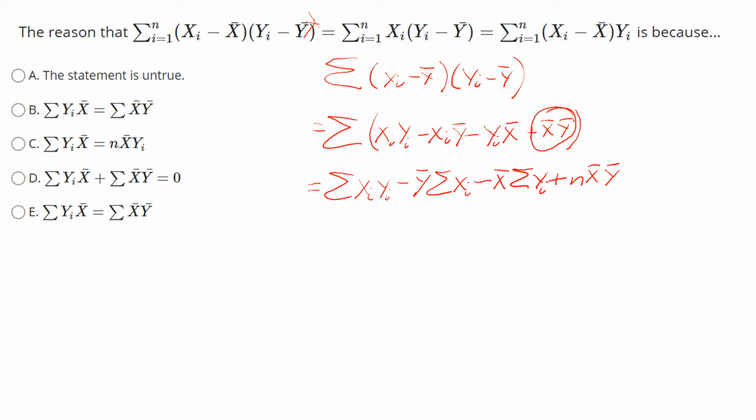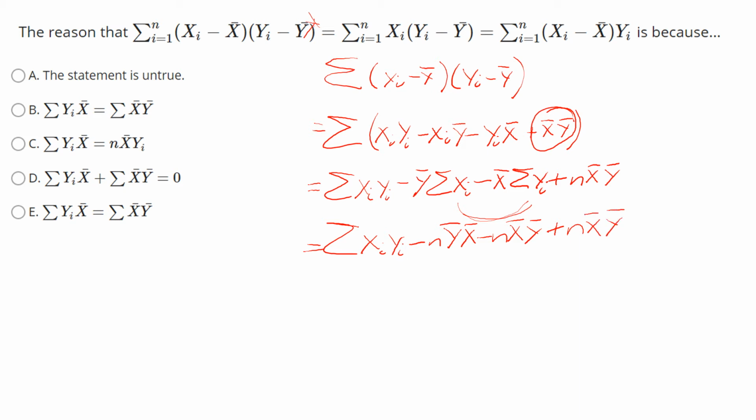Okay, so now we notice that these two expressions over here can be rewritten, given our discussion on the previous example, as follows. Sum of xi yi minus n times y bar x bar minus n times x bar y bar plus n x bar y bar.